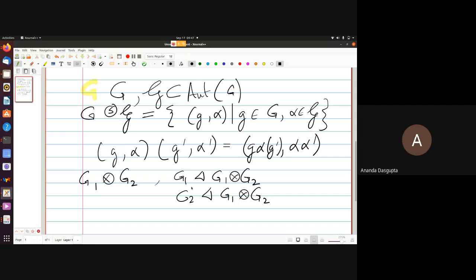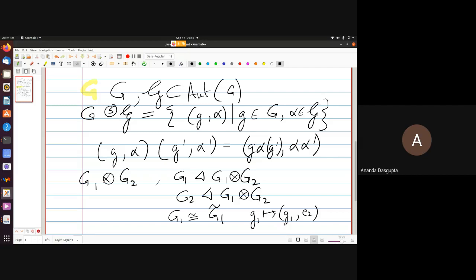Why? Because G1 is not a subset of G1 cross G2, right? G1 has only elements of its own, G1 cross G2 has pairs. One element from G1, the other element from G2. But of course, what we are saying here is G1 is actually isomorphic to G1 tilde, and the isomorphism simply is this map: small g1 maps to the pair (g1, e2).